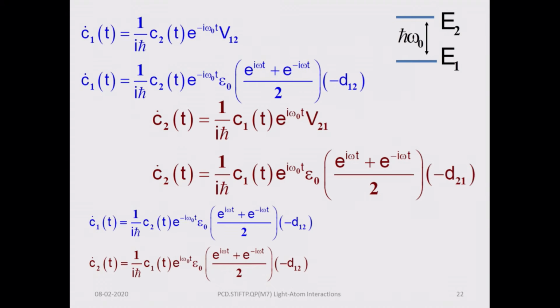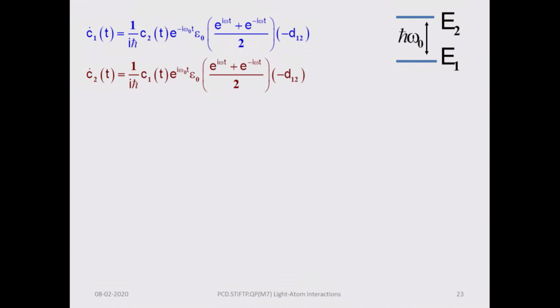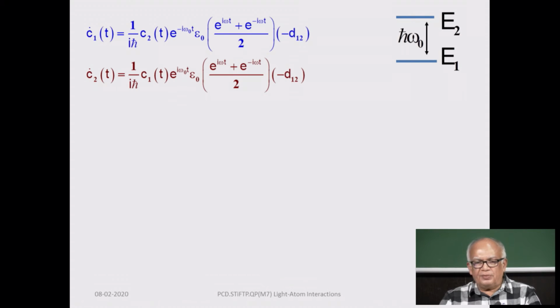And what we can do is recognize the fact that the dipole matrix element would be real, so that D21 and D12 would be complex conjugates, but being real they will be equal to each other. So, both will be denoted as D12.